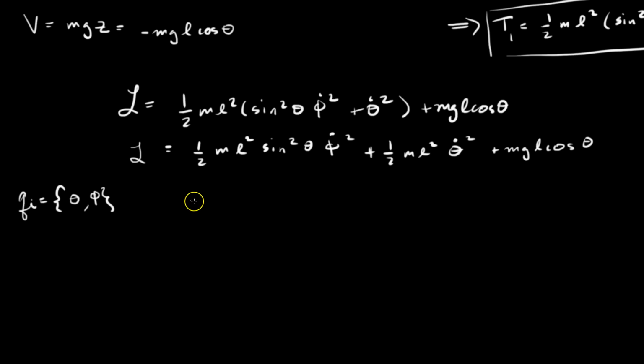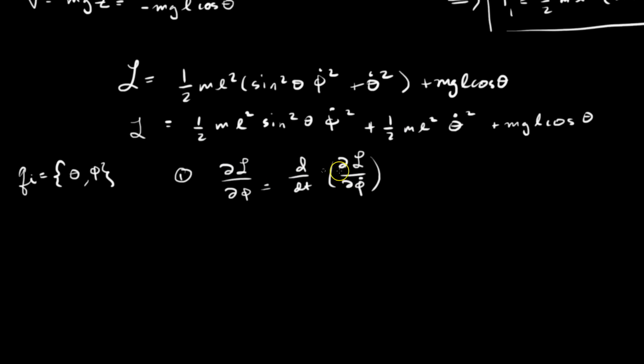Now we just do the Euler-Lagrange equations. So dL/d phi is the time derivative of dL/d phi dot. What does this give us? There is no phi in here, so it's going to be 0.